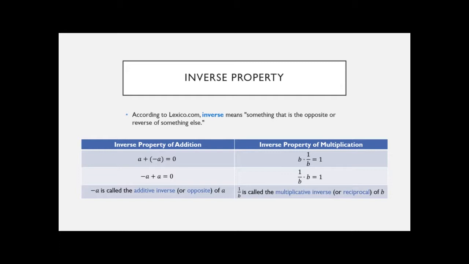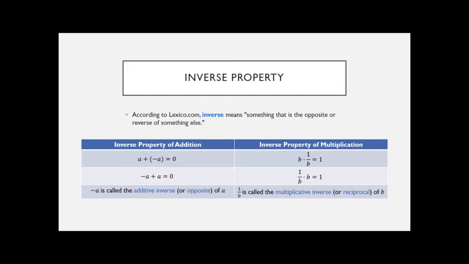Or if I take negative 2 plus 2, the order doesn't matter, they cancel out and give us 0. Basically negative a, whatever the number is in the negative form, is called the additive inverse, or opposite, of your original number. But it can also go the other way. If your number is negative 2, the additive inverse is 2. It's just whatever is the opposite number that will allow it to cancel out.